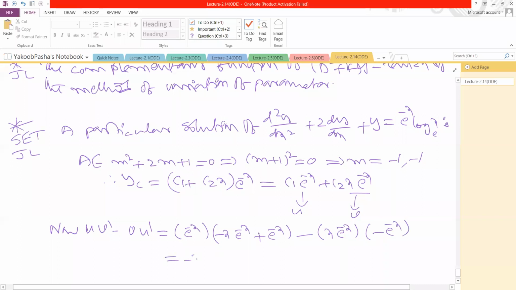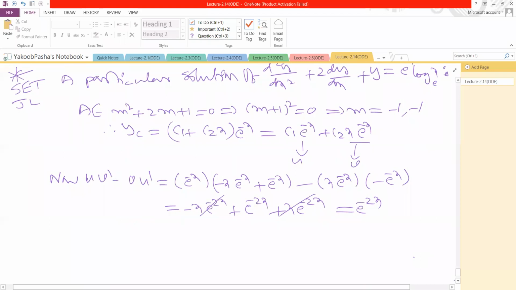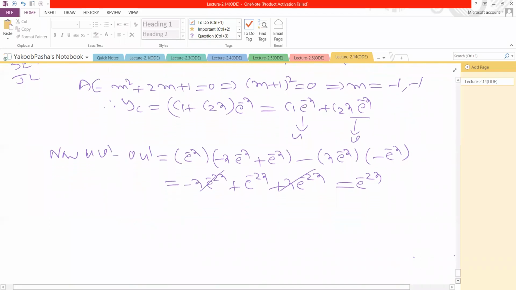This is nothing but minus x e power minus 2x plus e power minus 2x plus x into e power minus 2x. This is equal to e power minus 2x. These two terms are cancelled.